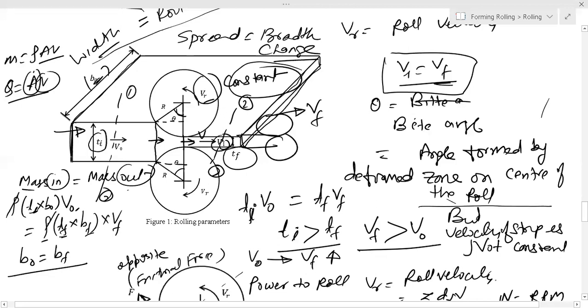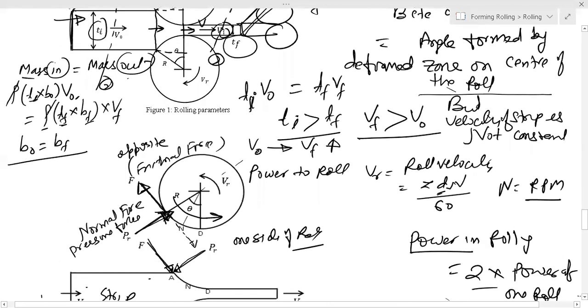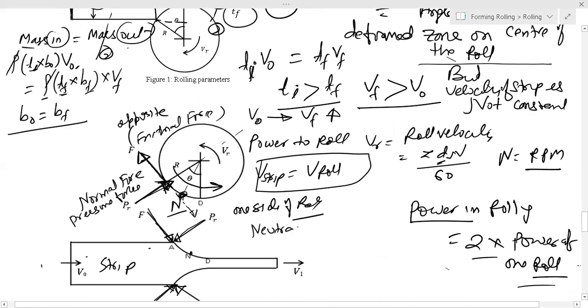There is a point that we call the neutral point N, where velocity of strip is equal to velocity of roll. That point is called neutral point N. It means at this point velocity of strip is equal to velocity of roll.